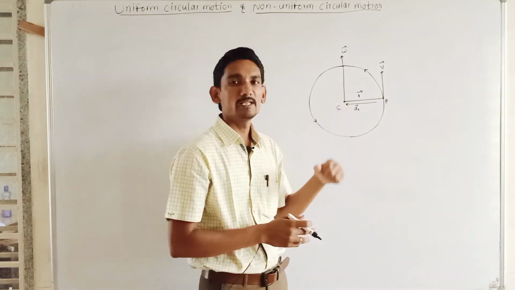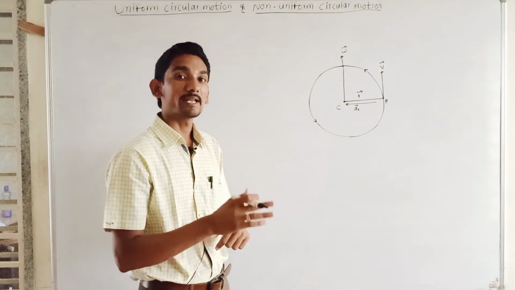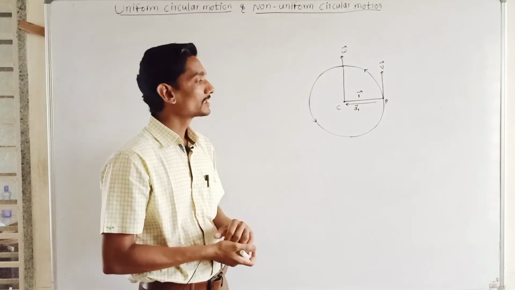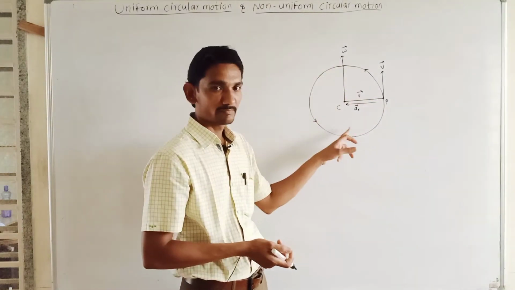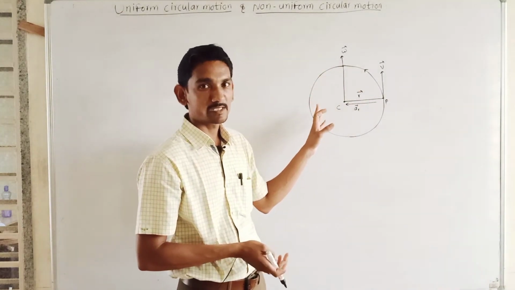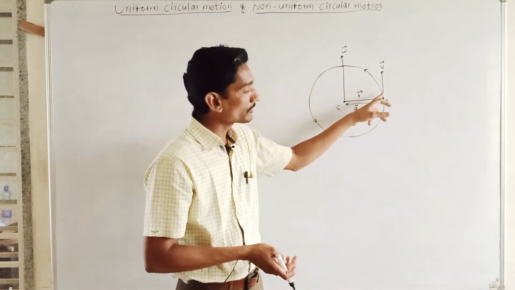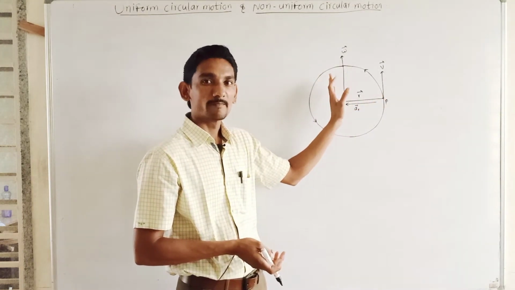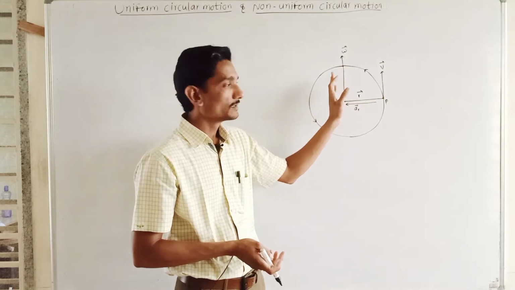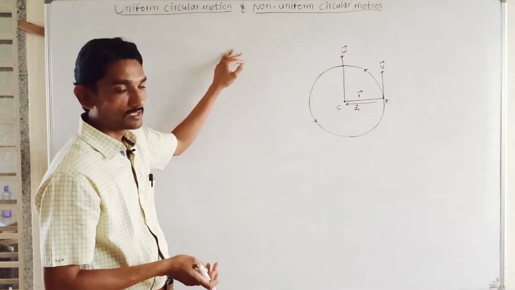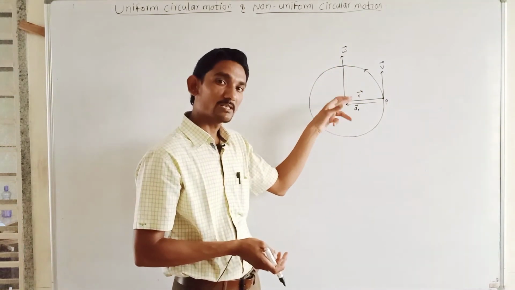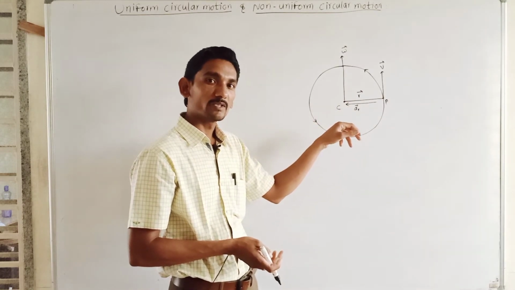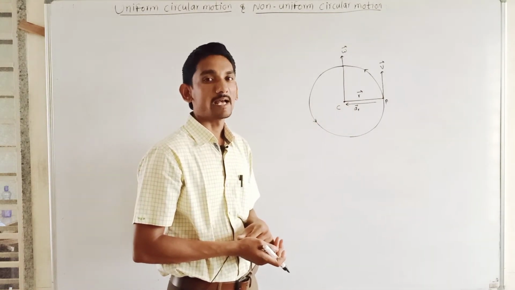This is a very necessary factor, due to which the particle is moving along the circumference of that circle, performing the circular motion, while the magnitude of velocity is also constant. Therefore it is a uniform circular motion, and this acceleration is along the radius and towards the center, therefore it is called the centripetal acceleration.